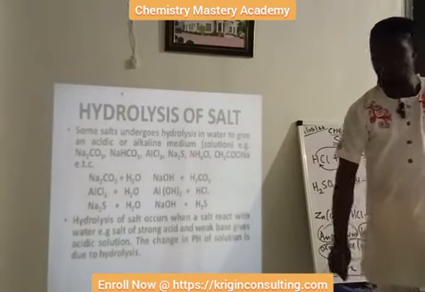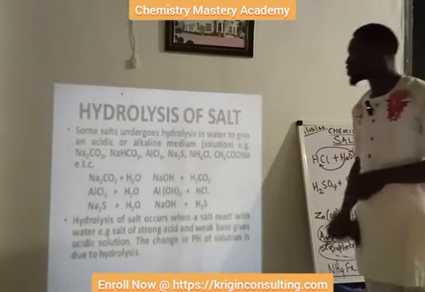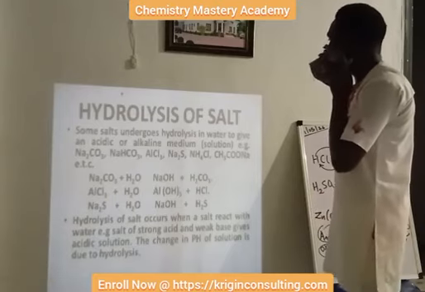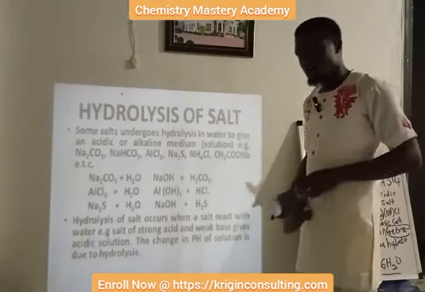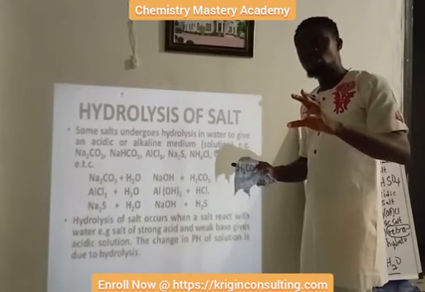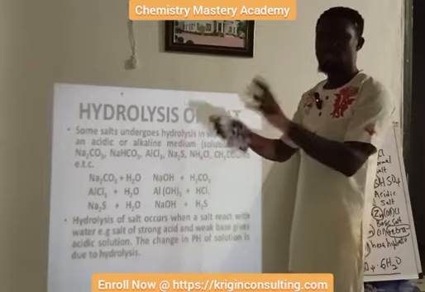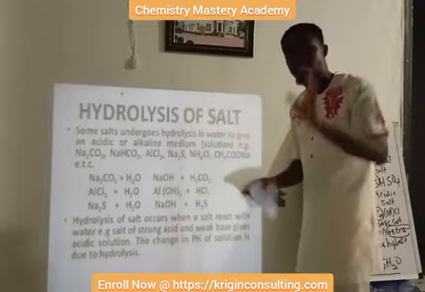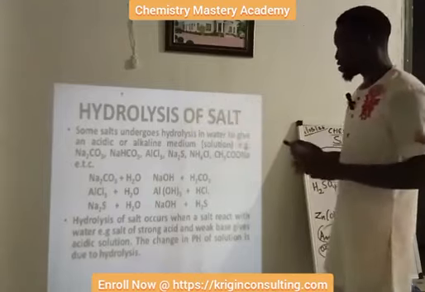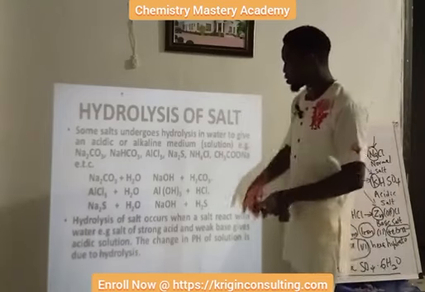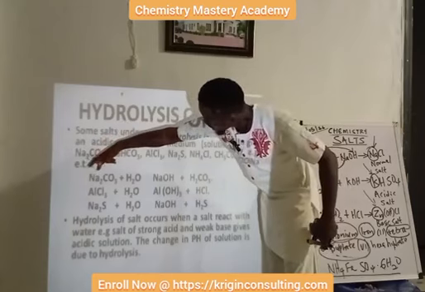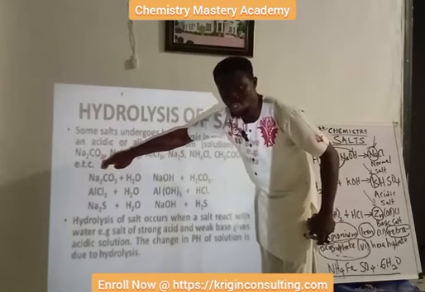Now, next off, we have hydrolysis of salt. Now, what is hydrolysis of salt? Hydrolysis of salt is simply turning salt back to the acid and the base that formed it. Okay, so let's look at this equation on the board. We have Na2CO3. This is a salt.